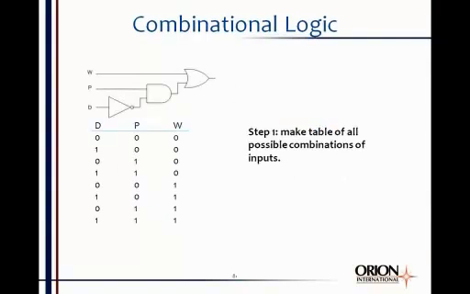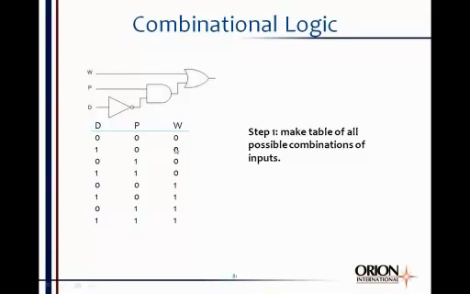Step 1 is we need to make a table of all the possible combinations of input. The inputs are D, P, and W. So there's 3 different inputs, and we need to make a table of all the possible combinations of those inputs. The easiest way to do that is to take one of them and just go 0, 1, 0, 1, 0, 1, 0, 1, and then go 0, 0, 1, 1, 0, 0, 1, 1.